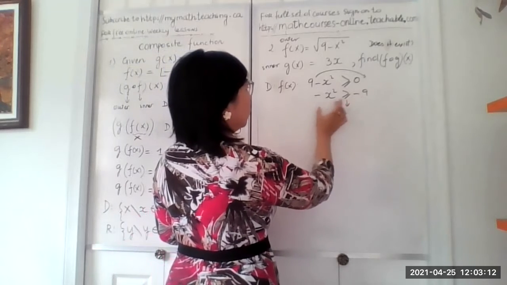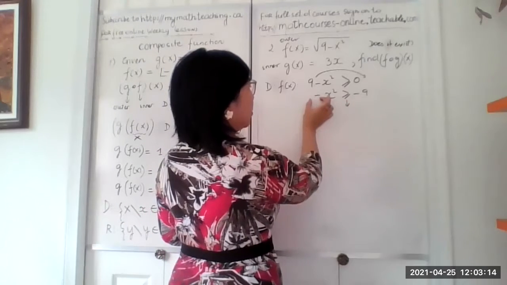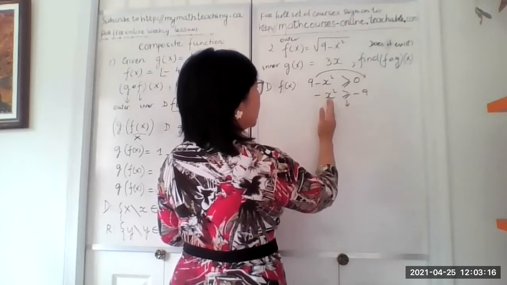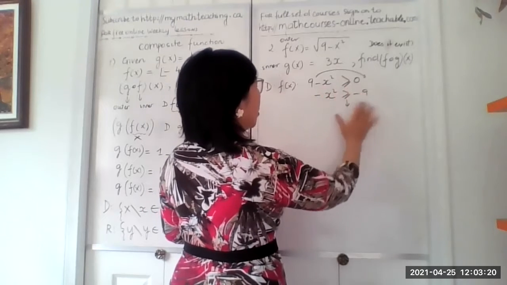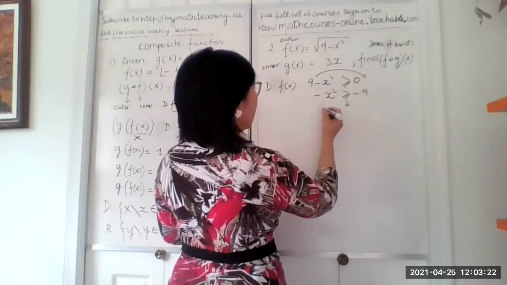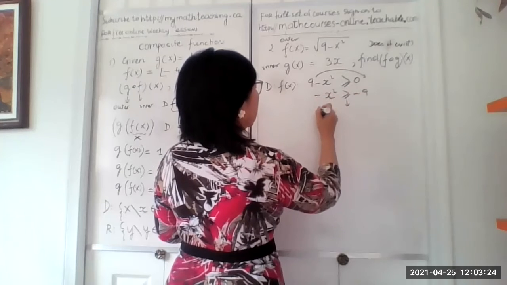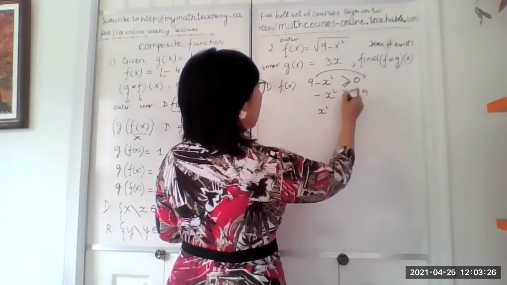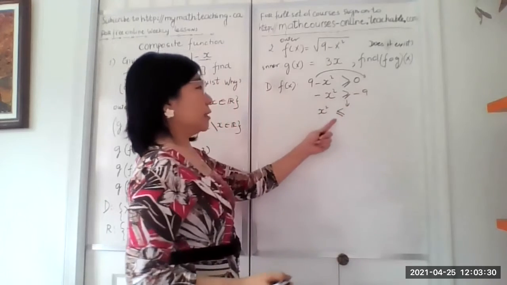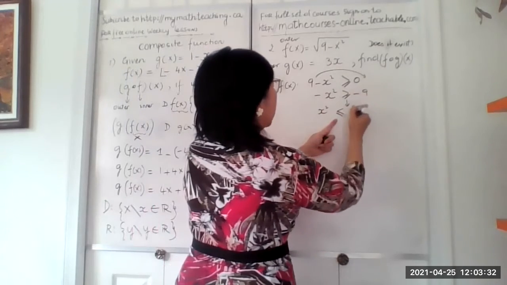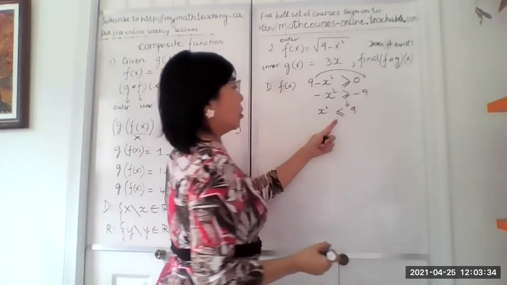So we have to be careful when we change this side to become positive, you have to twist this side, twist this, and twist all 3 of them. 3 actions are done at one time. So this becomes positive x squared, but this side will be turned opposite, less than or equal, and this becomes 9, positive.